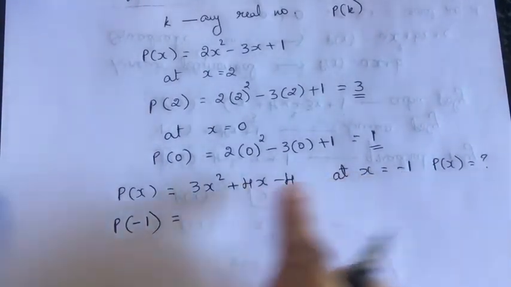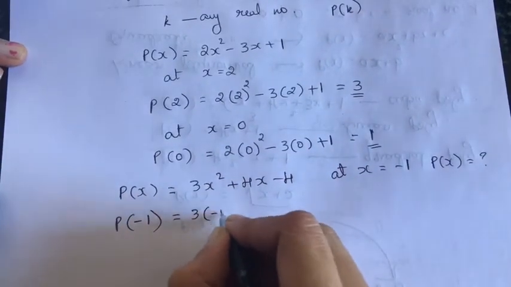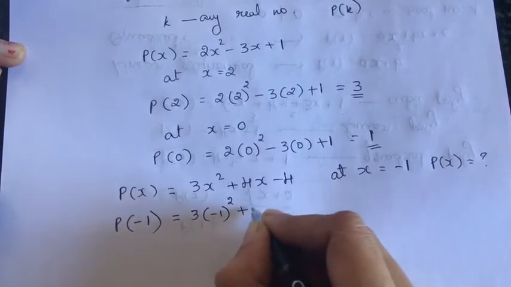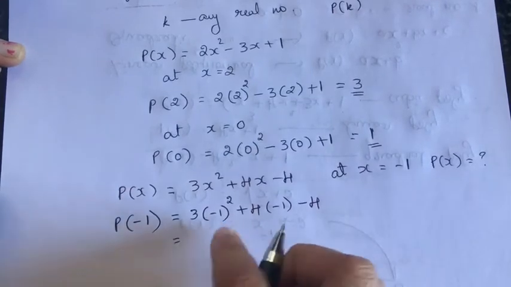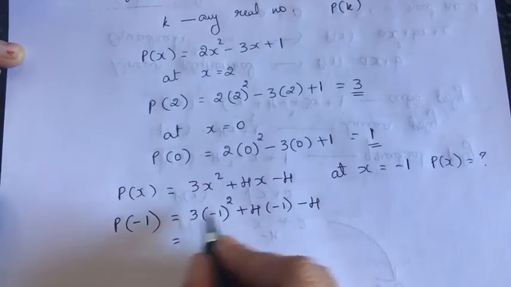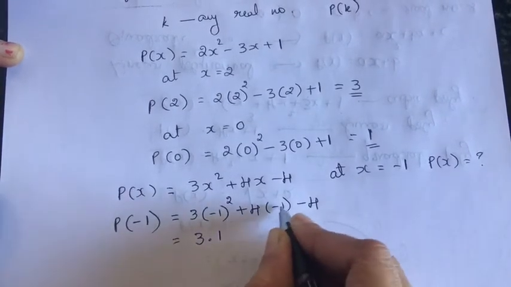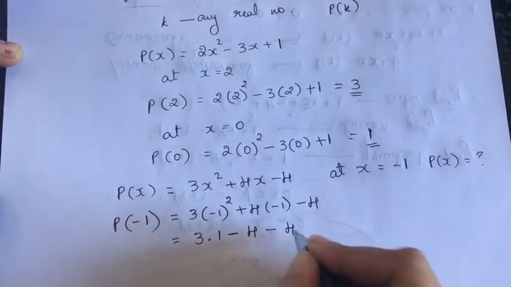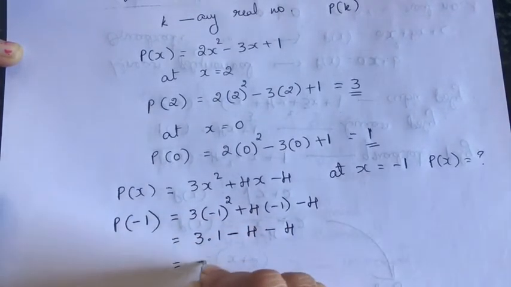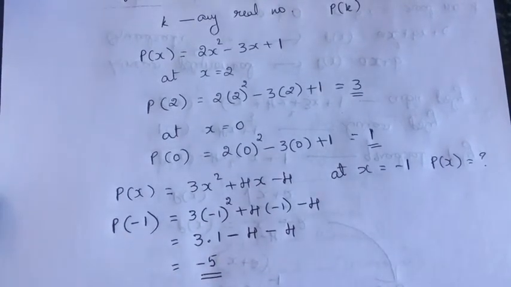You just need to replace x by minus 1. 3 into minus 1 square plus 4 into minus 1 minus 4. So minus 1 square is 1, so 3 into 1 is 3. 4 into minus 1 is minus 4, again minus 4. So this will be minus 5. The value of P of minus 1 is minus 5.